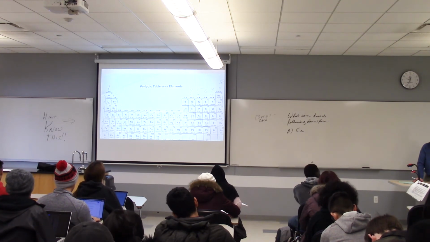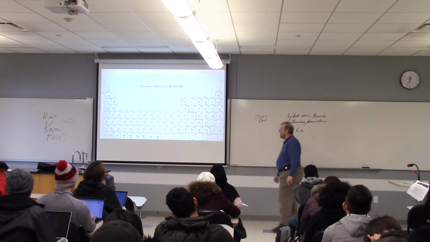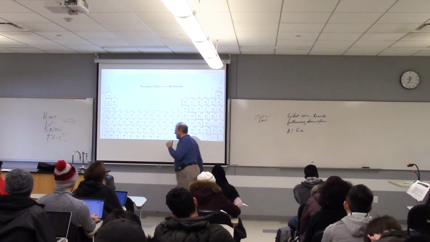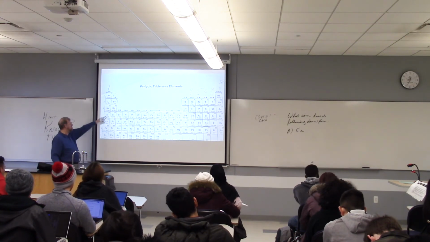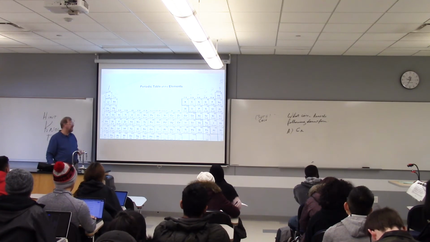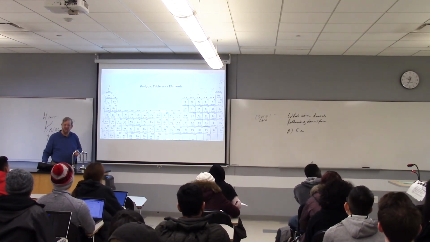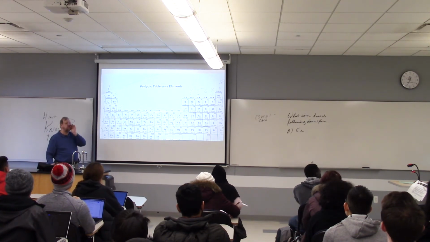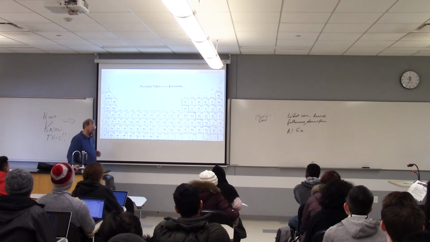What do you write for calcium? And in case you don't know where it is, time for a little help from Dr. White, right there. Why don't you try that one? What's the nearest noble gas? And then find out how many electrons and protons this has, 20. And look at the nearest noble gas. And you try.